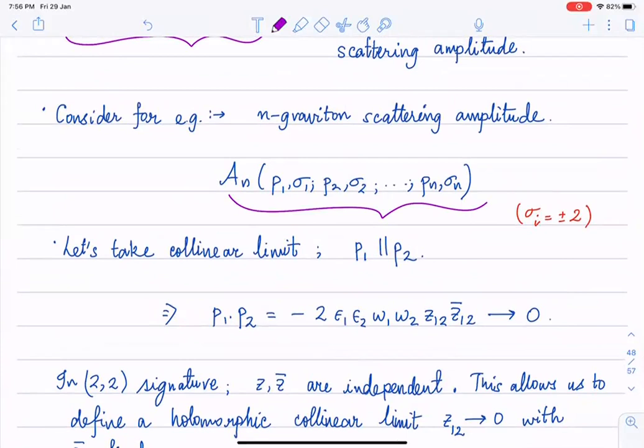Now we can consider the limit where p1 becomes parallel to p2. If you look at how the dot product of p1 and p2 behaves, you get some factor of the following form.